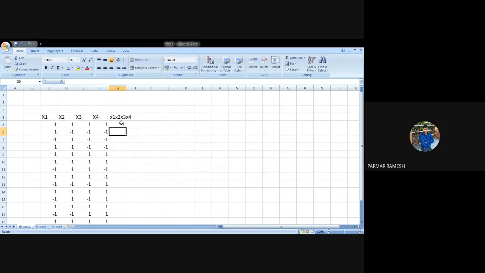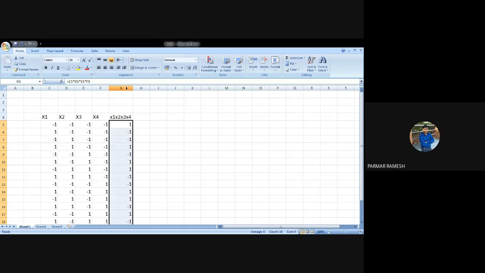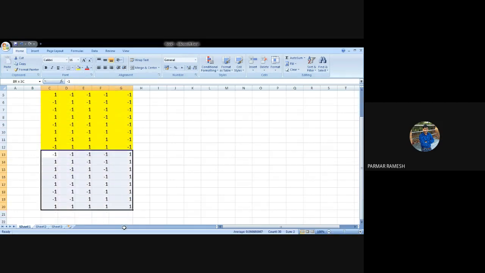I'll find out the values of each, either it will be plus 1 or minus 1, and then I will sort them according to the values. So these experiments are having the value of x4 as minus 1. These experiments are having the value of x4 as plus 1.